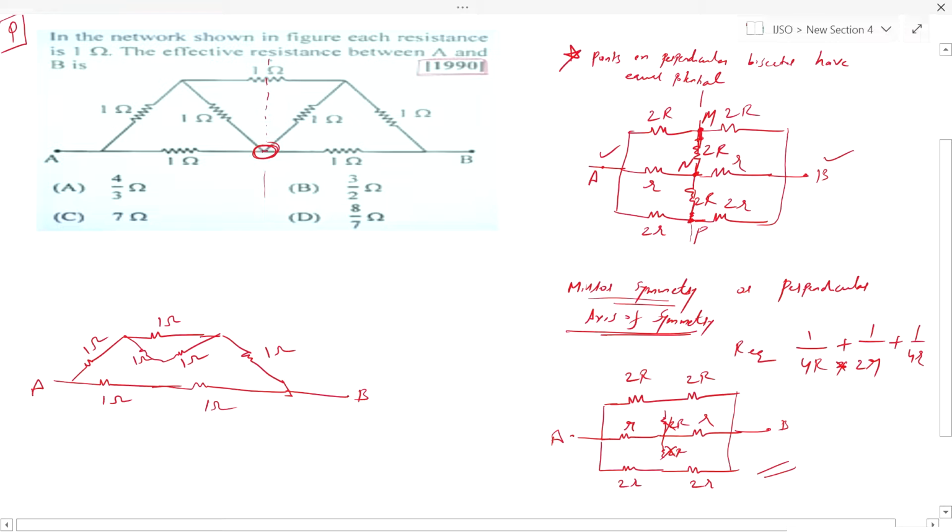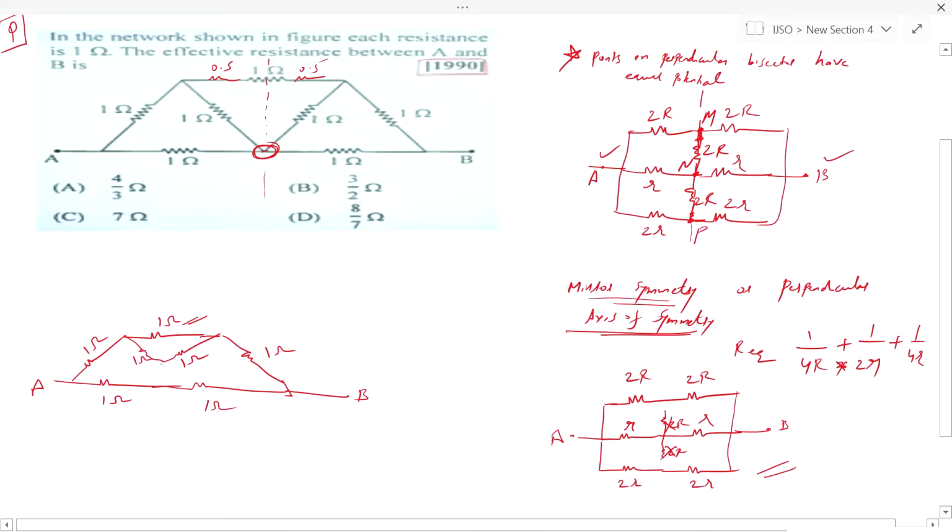Pay attention. There is no resistance only. So I can do it like this also: 0.5, 0.5. If it's passing on the perpendicular bisector, but instead of 1 ohm I have done 0.5 over here and 0.5 over here, will it get affected? No. Okay, so I have kept it in the same way, 1 ohm like this only.